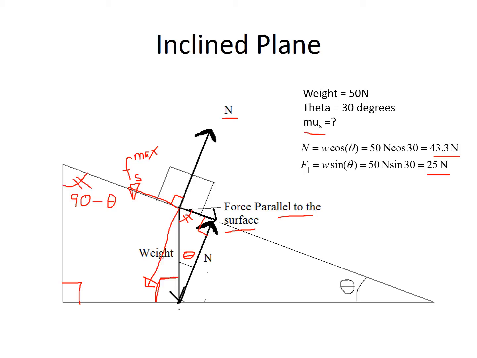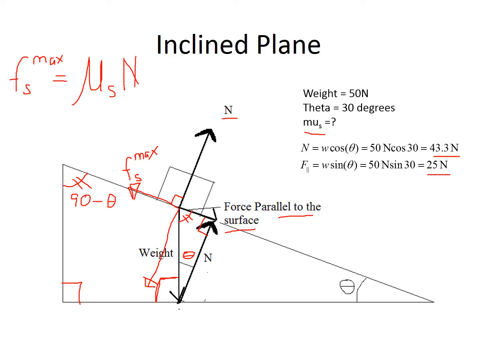So we know the parallel force must be equal to Fs max, and the normal force is equal to N, right, the normal force. So our formula, Fs max, is equal to mu s times N.